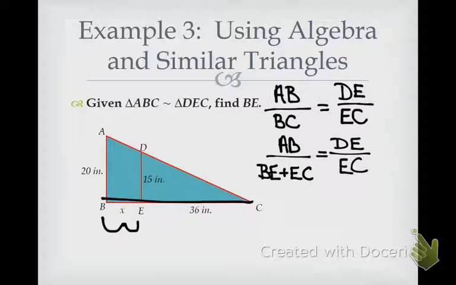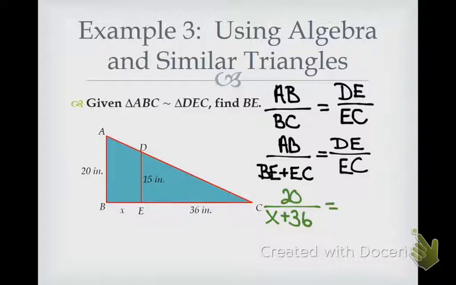So I can plug in my value for AB. What's my value for AB? 20. Okay. So 20 over, I don't know BE, but I know that EC is 36.